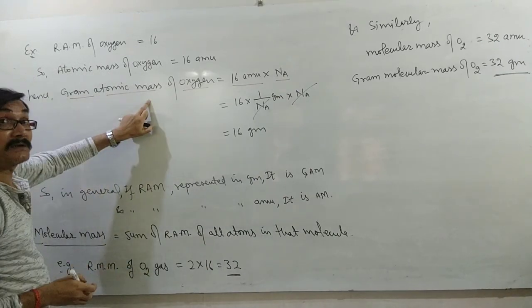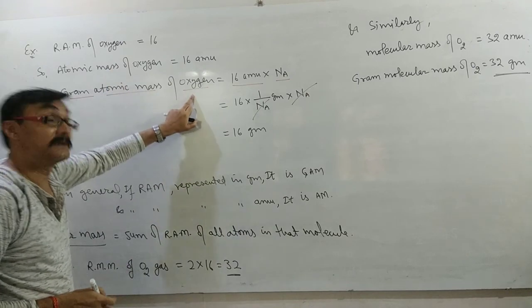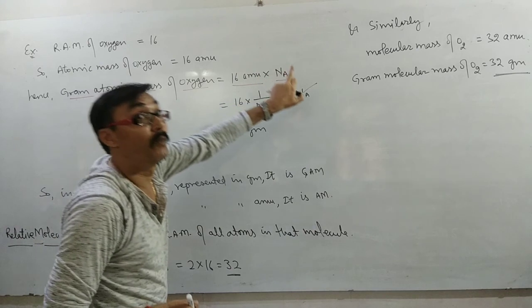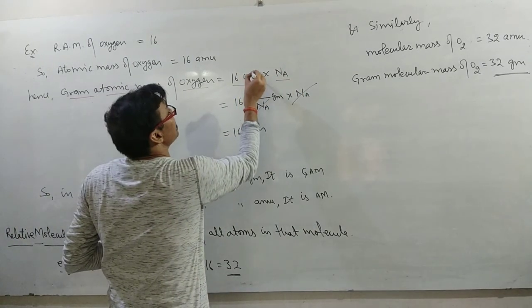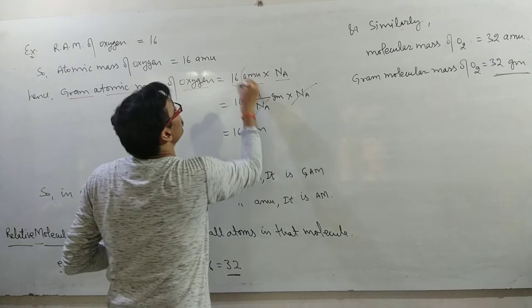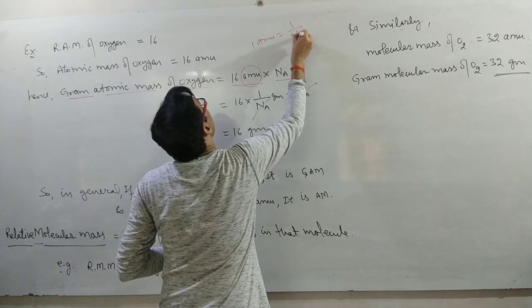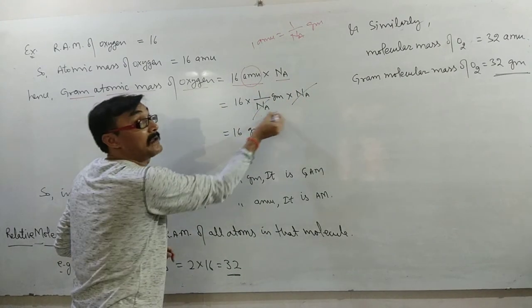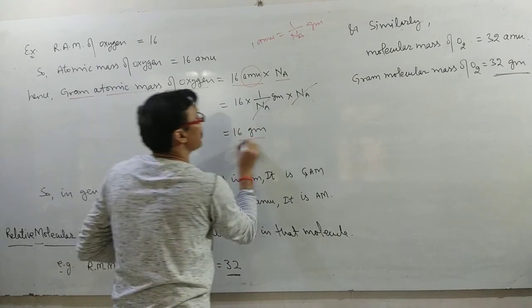Gram atomic mass or molar mass of oxygen atoms is mass of 1 atom into 1 mole, that is Avogadro constant. We have studied that 1 AMU is equal to 1 by Na gram. So we replaced AMU here with 1 by Na gram. Na cancelled by Na, so it is 16 gram.